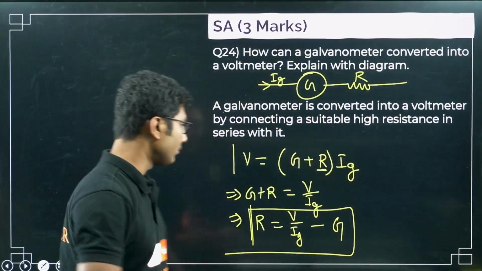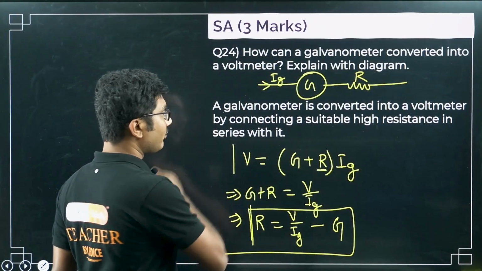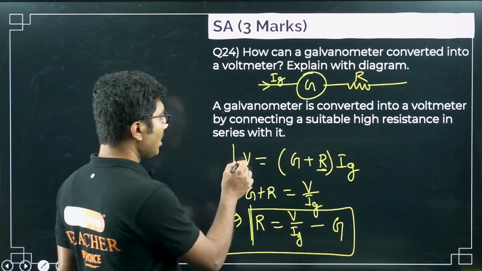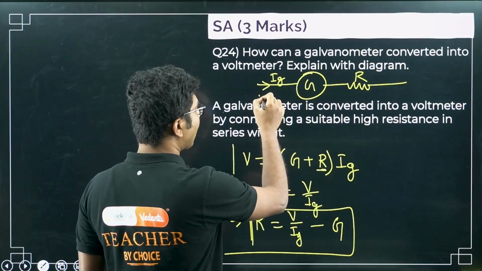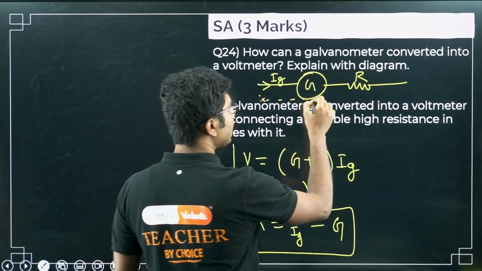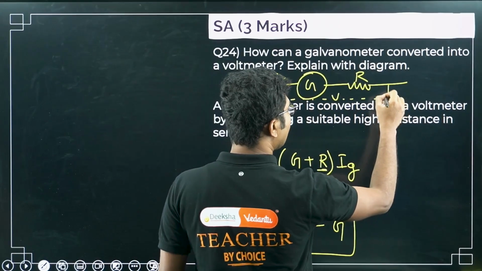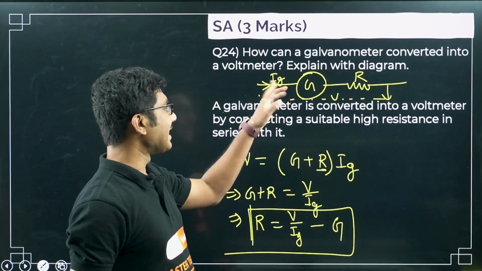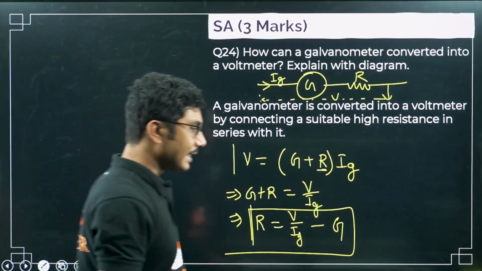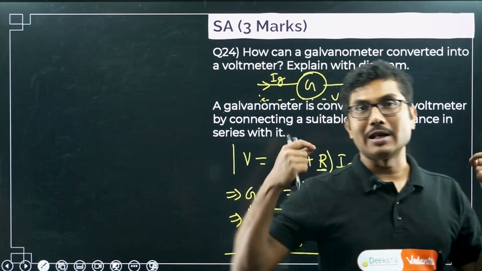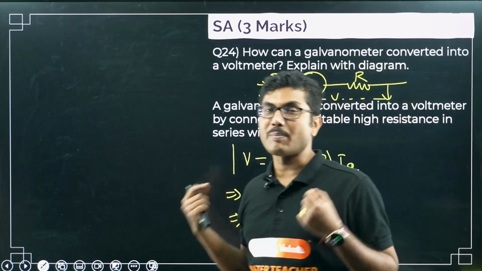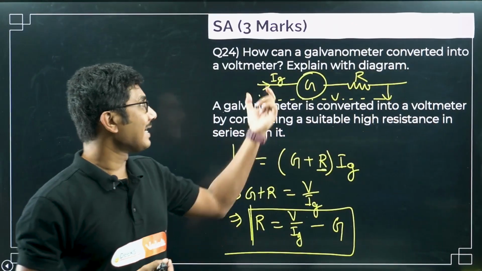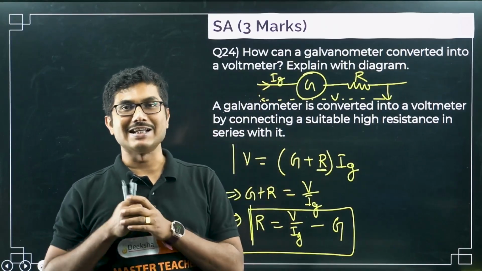You have to write this formula starting from here. How do we arrive at this formula? V is the potential drop across the galvanometer. Now from Ohm's law we know that V is equal to IR. So I is Ig, that is the galvanometer current. There is a maximum possible value of the current that can pass through a galvanometer. That current is generally represented by Ig.